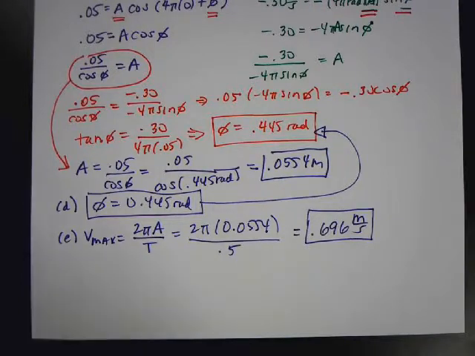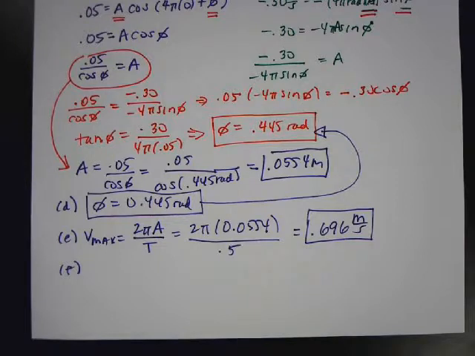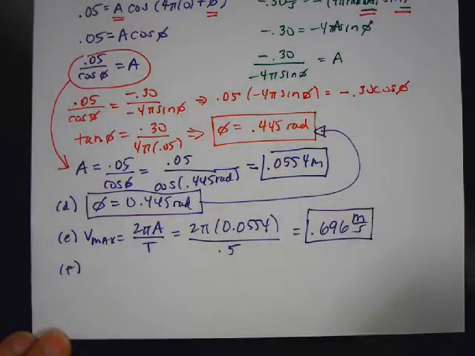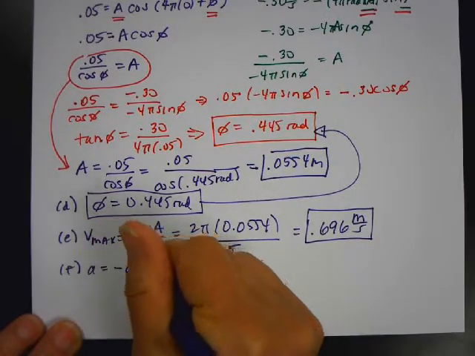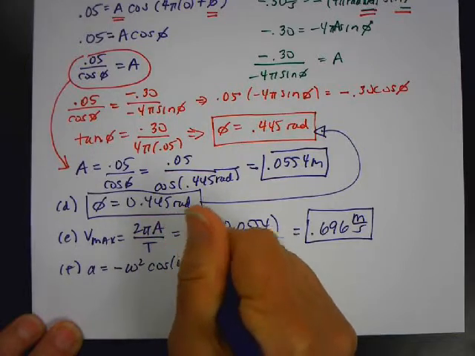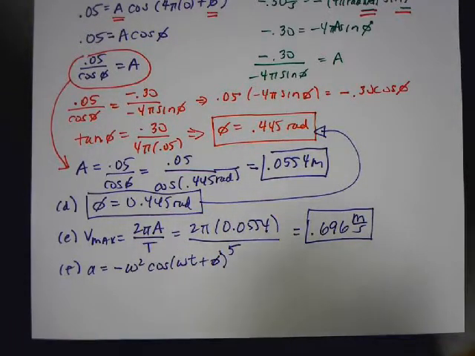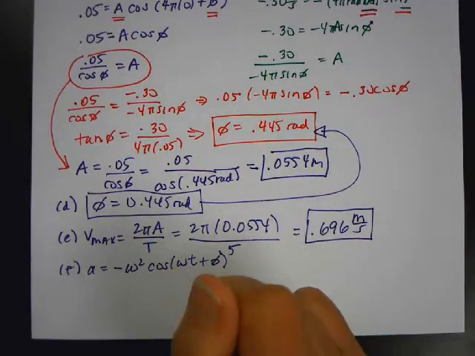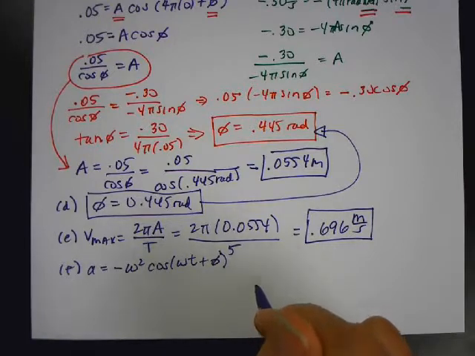Part F said find the maximum acceleration. So the maximum acceleration, remember, that's now the second derivative. So a is equal to negative omega squared A cosine of omega t plus the phase constant. Now, the maximum acceleration occurs at the maximum amplitude, where the speed is what? 0.